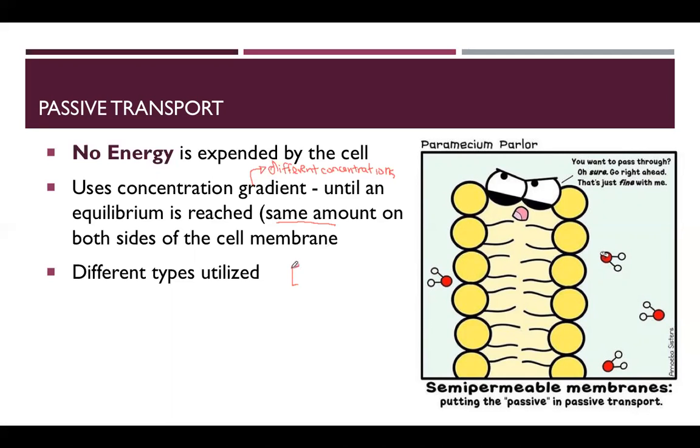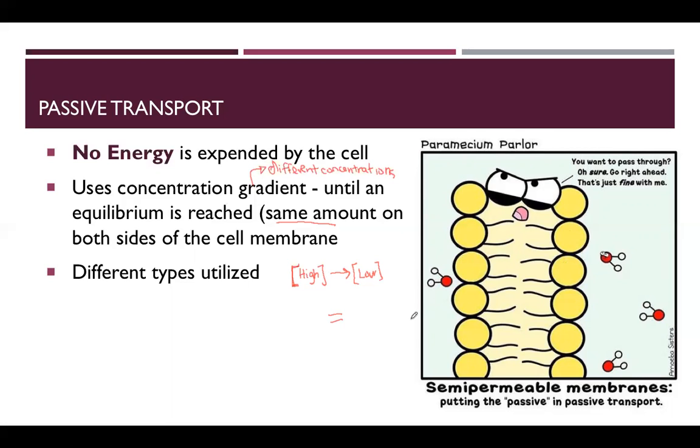You'll see a lot of brackets used. This is for concentration. So it's going from high to low, because it wants to balance it out in the end. So here, if we look, we would see a few of these molecules going through to make it even on both sides.